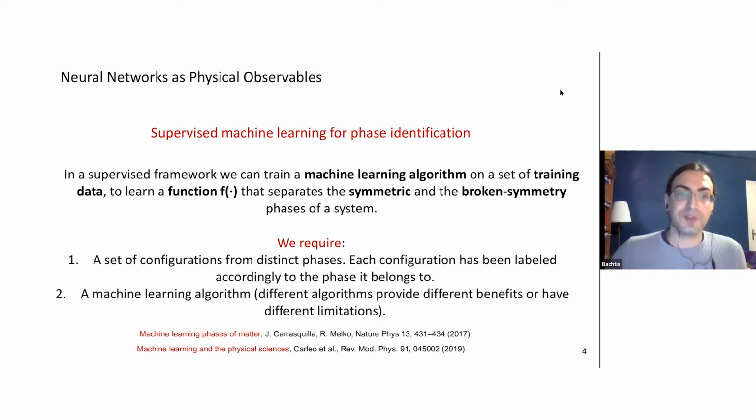So we require a set of configurations from distinct phases, and each configuration has been labeled accordingly to the phase that it belongs to. And of course, we also need a machine learning algorithm. I explicitly state this because different algorithms have different benefits or different limitations.